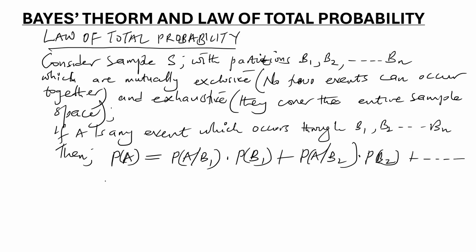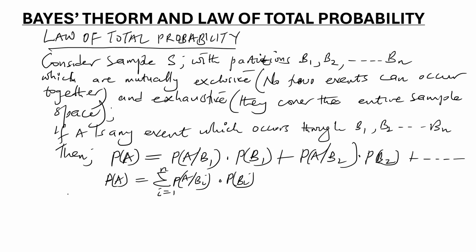We can summatively say the probability of A is the sum from i equals 1 to n of the probability of A given Bi times the probability of Bi.